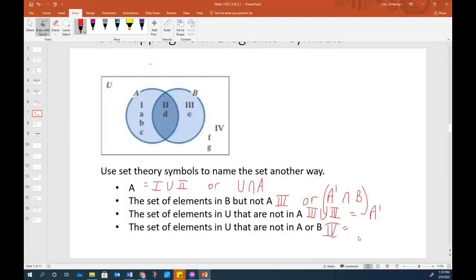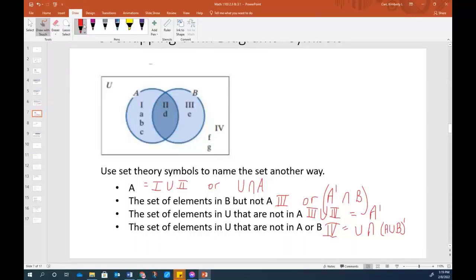I could say the universe intersected with what is not in A and B. I could put A and B together, and then put this little dash out here, which means not in A and B. So if you put A and B together and then put that, it's not in A or B.